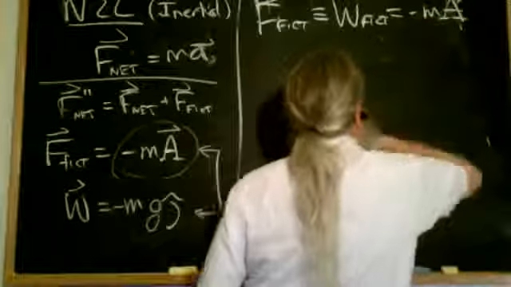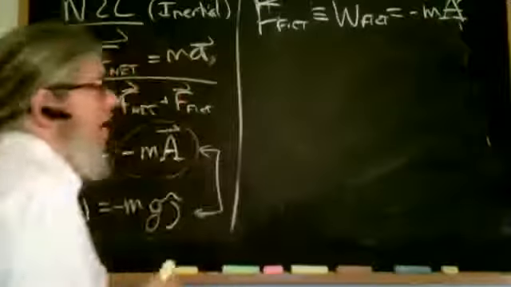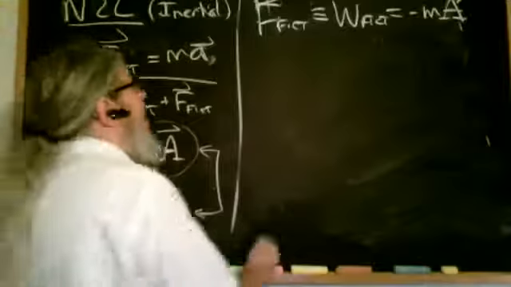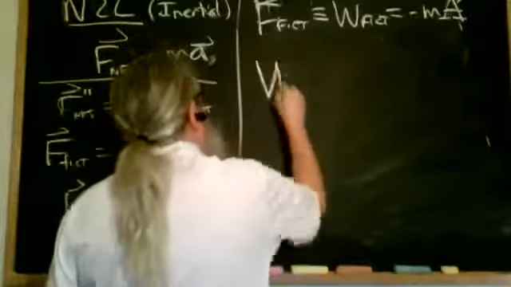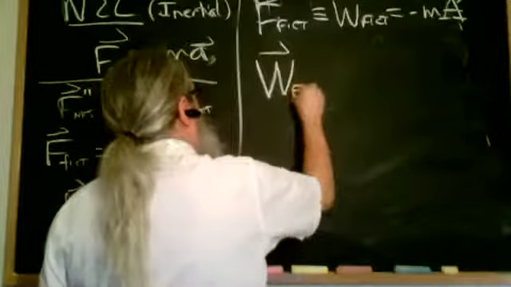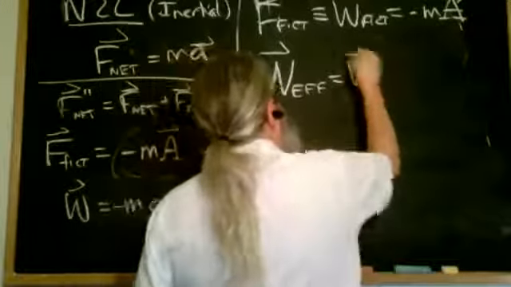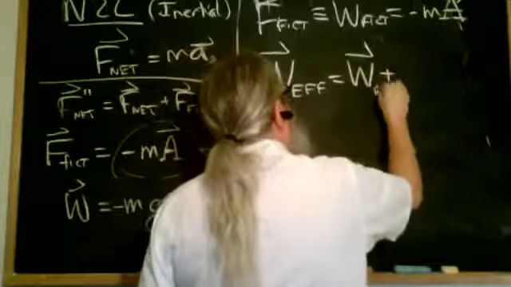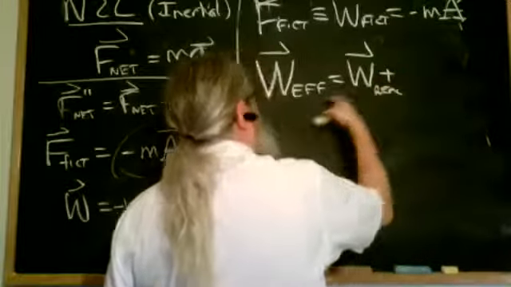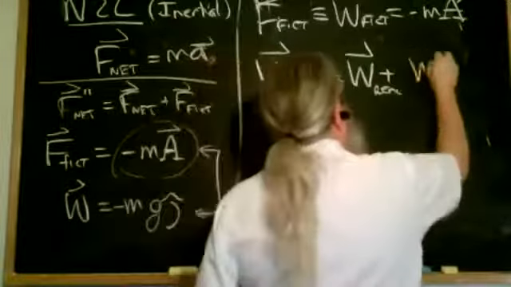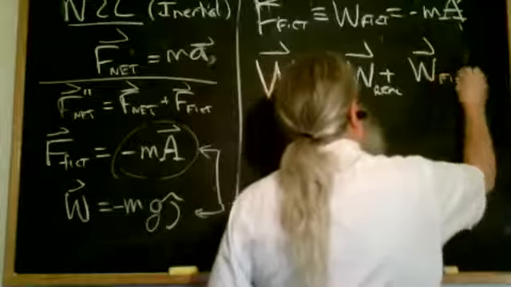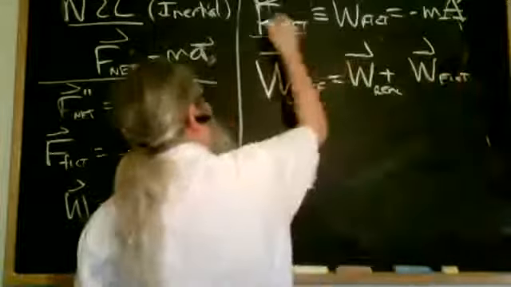Well, that's the acceleration in the frame. And why do I do that? Well, because then I can define something which I call the effective weight, W effective, which is equal to the real weight, W real, that's experienced in any reference frame, plus the fictitious weight. So fictitious weight and fictitious force are the same thing.